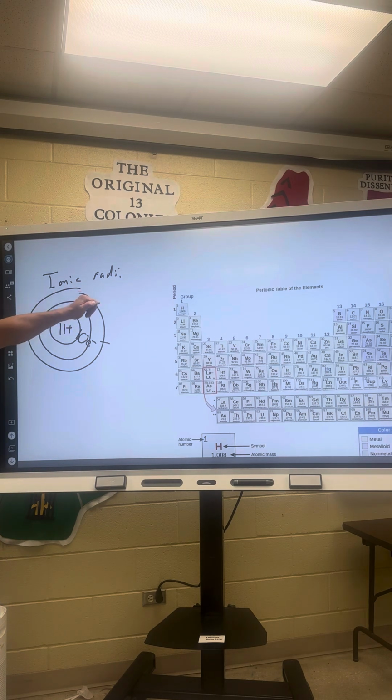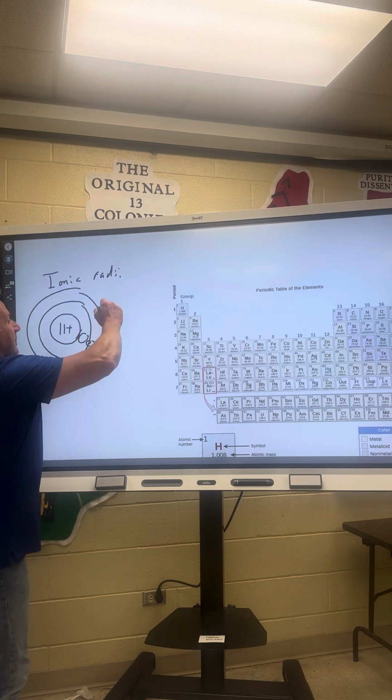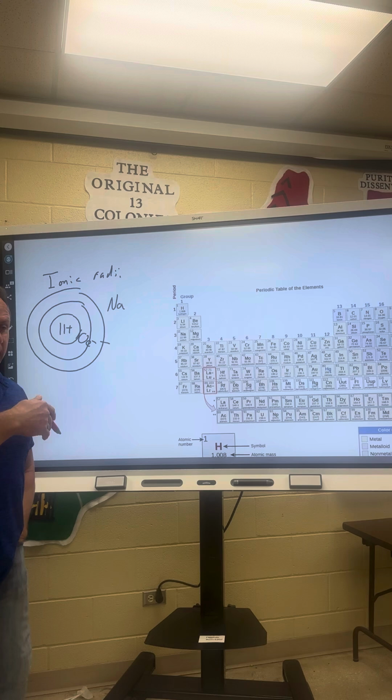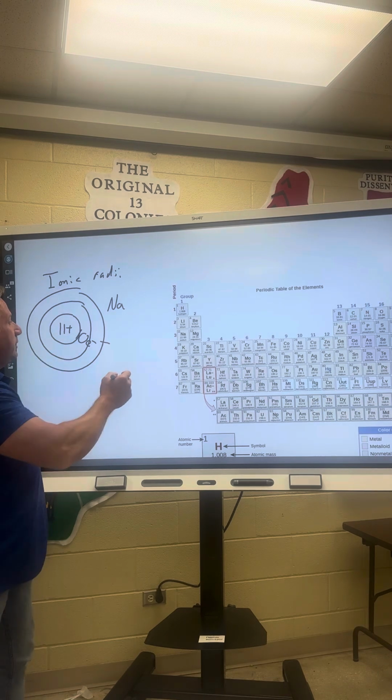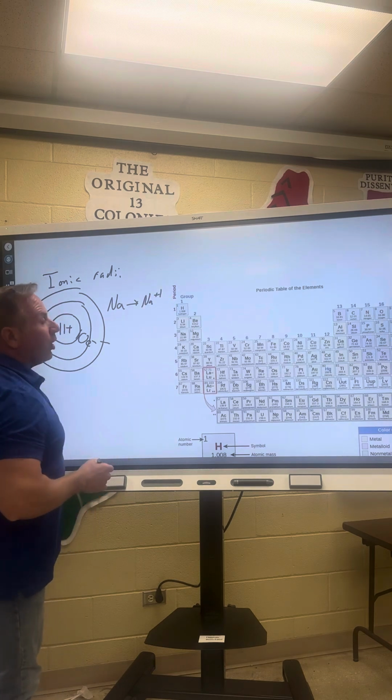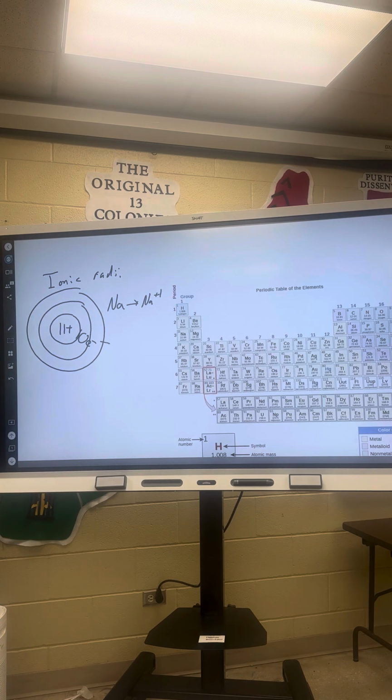So now, since it has a low ionization energy, what we can say is that sodium will have a propensity, a likelihood of forming a sodium +1 charge. It'll form a cation, an ion.